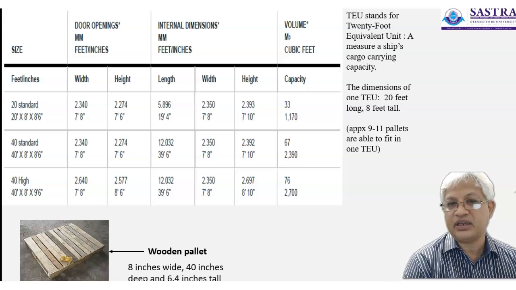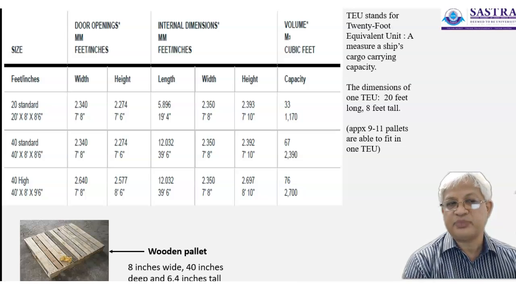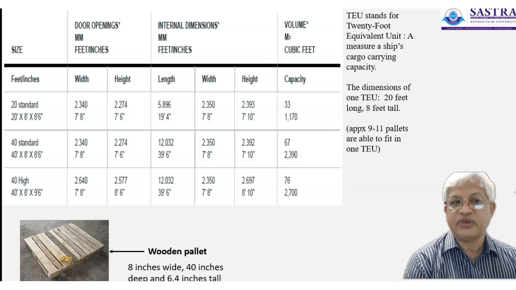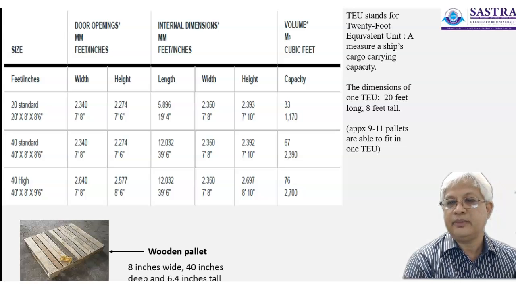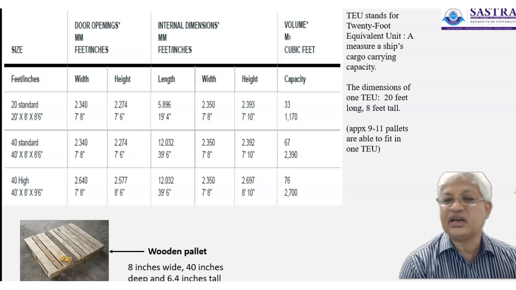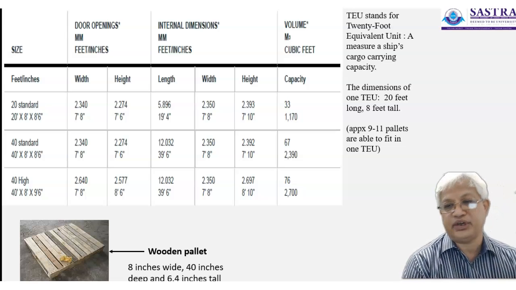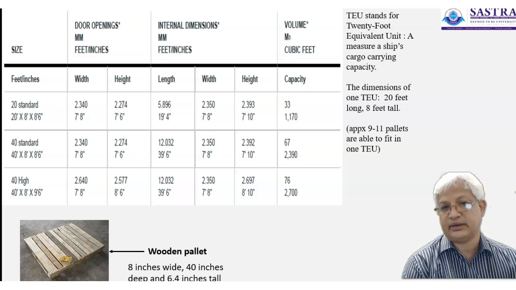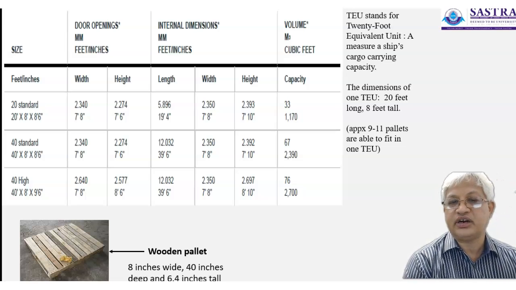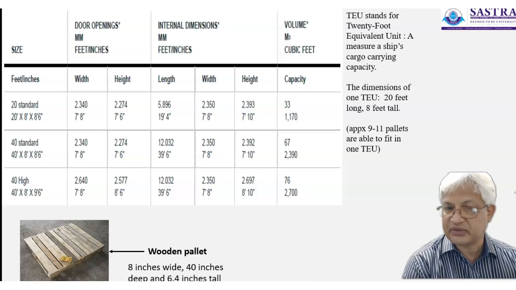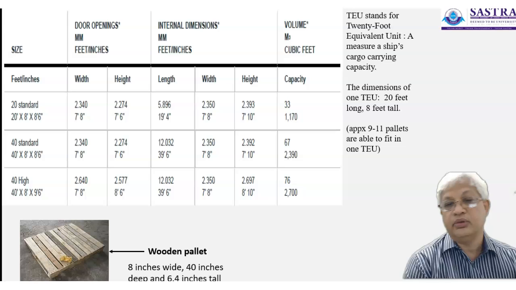Now, the interesting part here is, if a company ships a full container load, that is a 20 feet container, they get a much better discounted price per cubic feet compared to a less than container load. So this is the interesting part when you purchase space inside the container. Similarly, a 40 feet standard has 2,390 cubic feet of space available, whereas a high cube has 2,700 cubic feet.